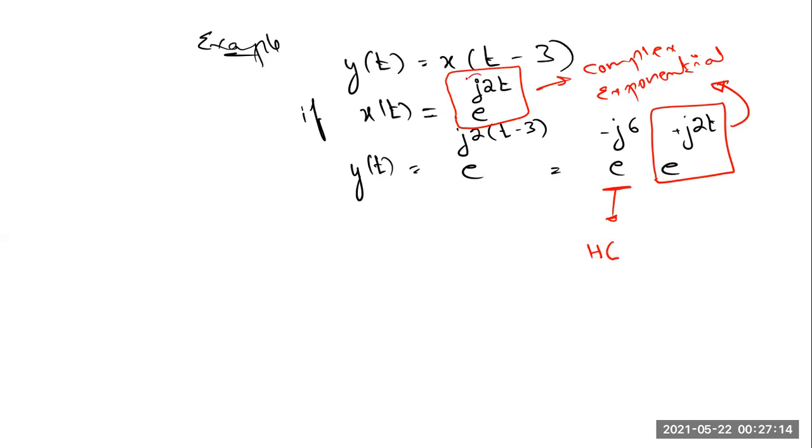This is actually h of j2, which is equal to e power minus j6. So this is the eigenvalue.